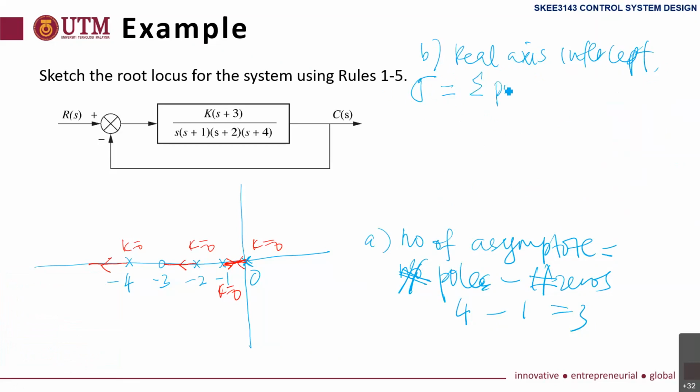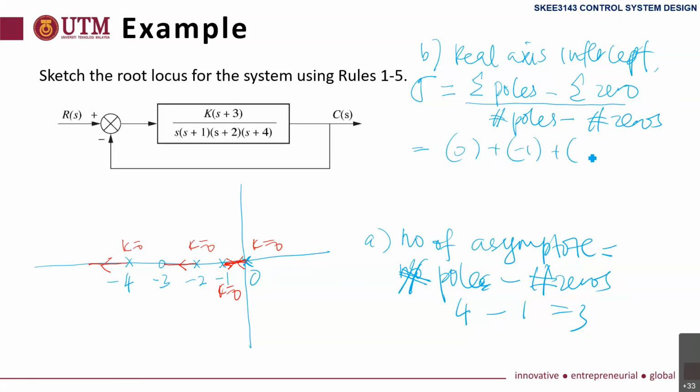We add all poles together, minus all zeros, divided by the number of poles minus the number of zeros, that is 3. Adding means we add the poles: 0 plus minus 1 plus minus 2 plus minus 4, minus the zero, 0 minus 3, divided by 3.